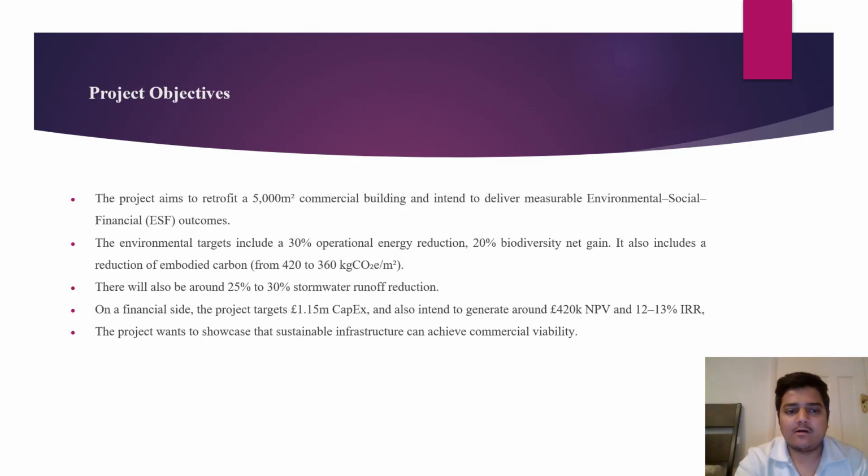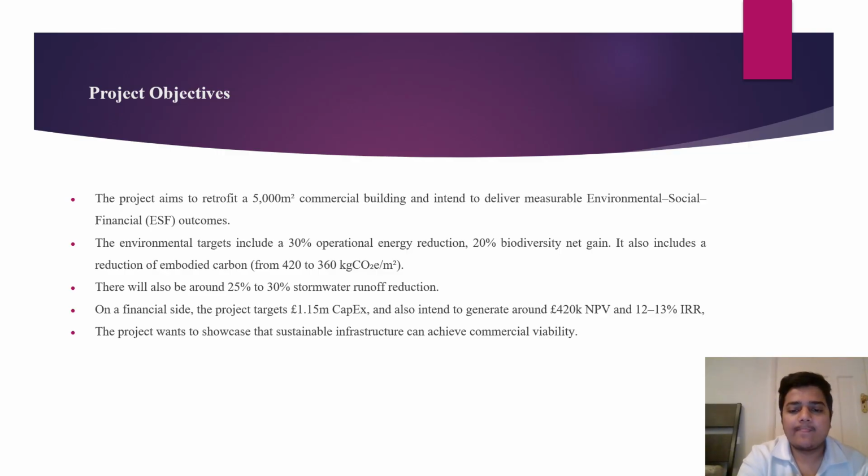For the project objectives, before moving into the process map, I would like to summarize the ESG objectives. From an environmental perspective, the project targets a 30% reduction in operational energy, 20% for all buildings, and a net gain.